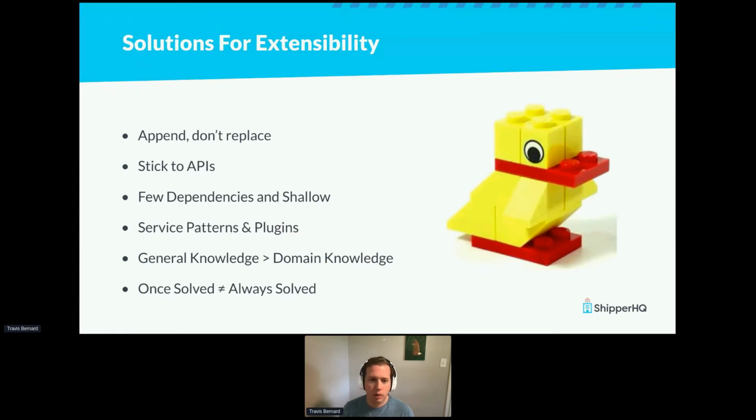But that has a couple of problems. One is that what happens when Adobe does an update and that template file gets changed on their side? Now we have to keep maintaining all of those upstream changes in our code. It also leads to problems with compatibility with other extensions and other modules in the system.